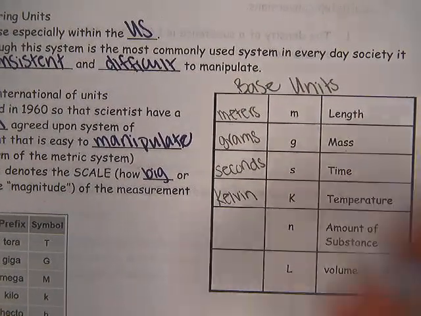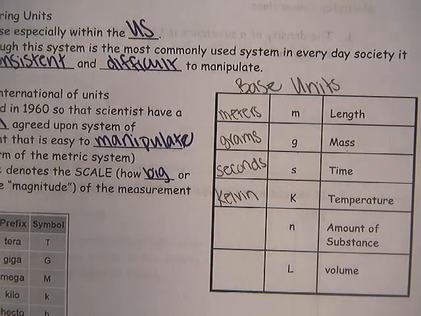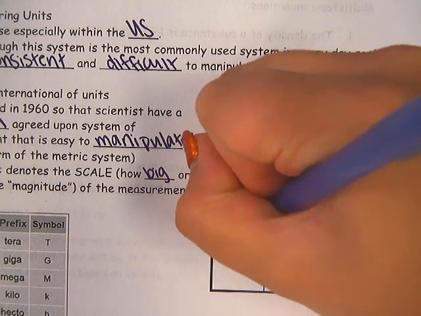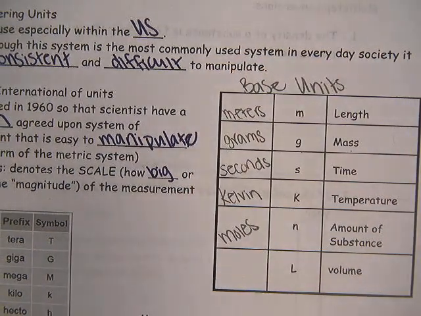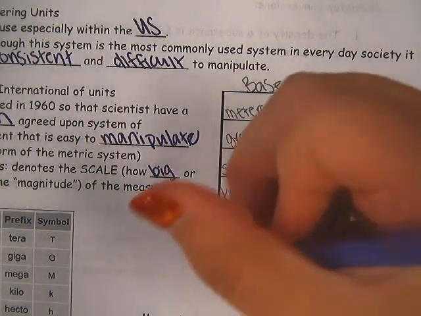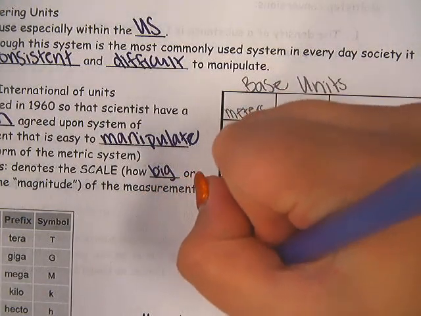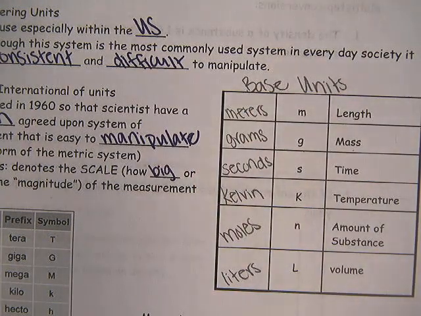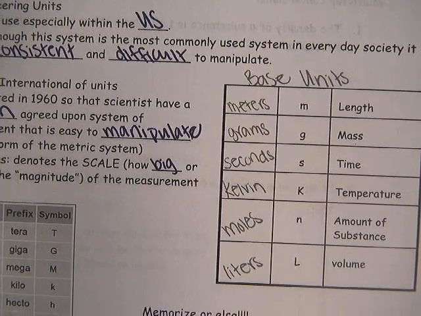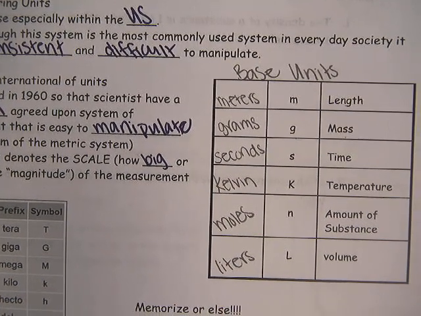N stands for, I say number of moles, because students get confused why it's moles with an M. So it's basically number of moles for the amount of a substance. And then L for volume. Do you know what that stands for? Liters. Perfect. So meters, grams, seconds, Kelvin, moles, and liters. Those are all our base units.